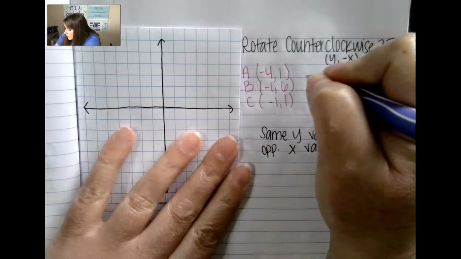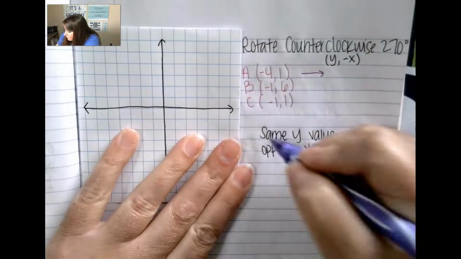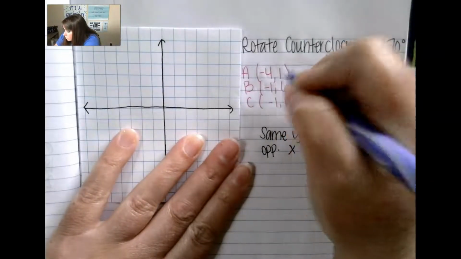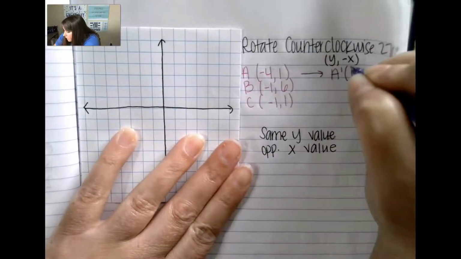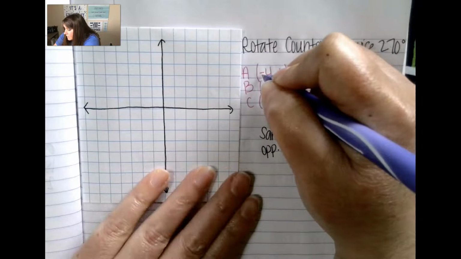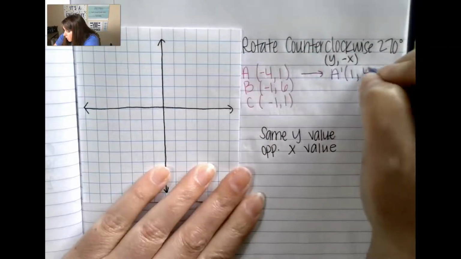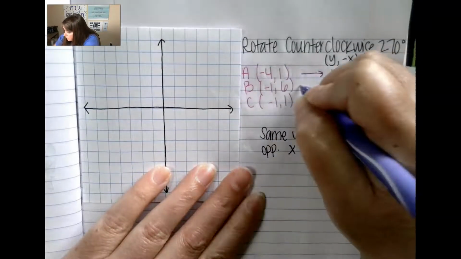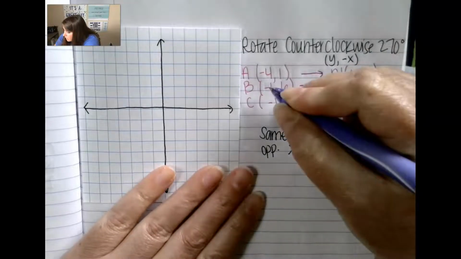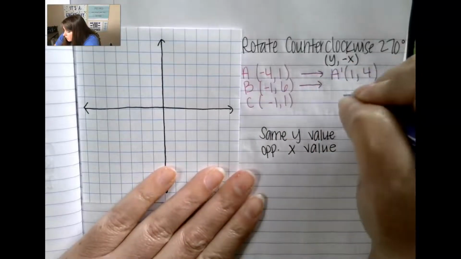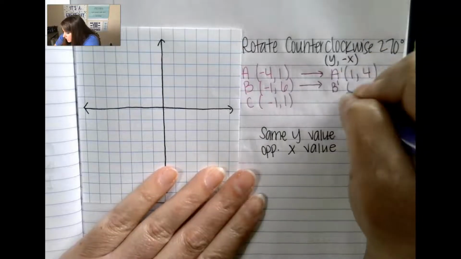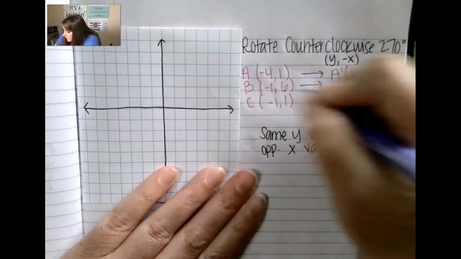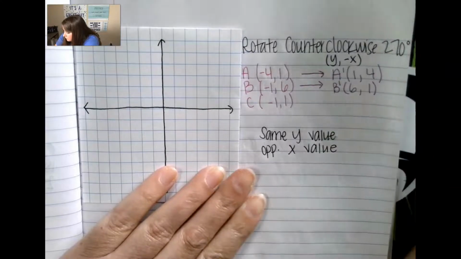All right, so same y value. My y value here is 1. My new y value is also going to be 1, but opposite x. So opposite of -4 is +4. And then same y is 6, opposite x is going to be positive.